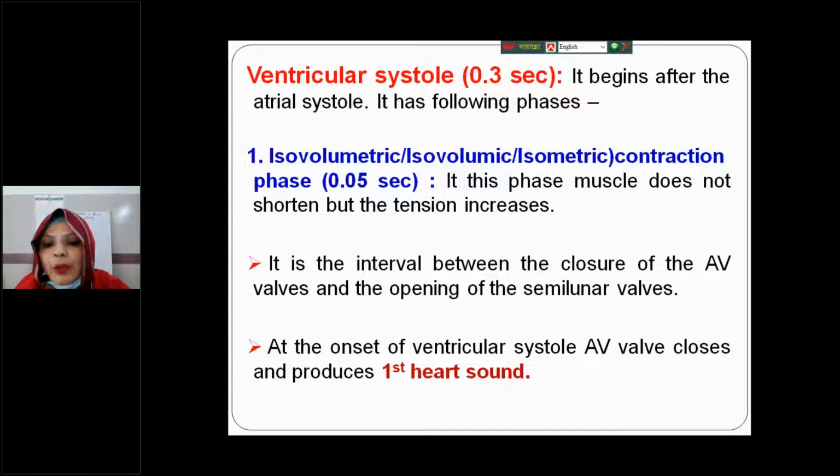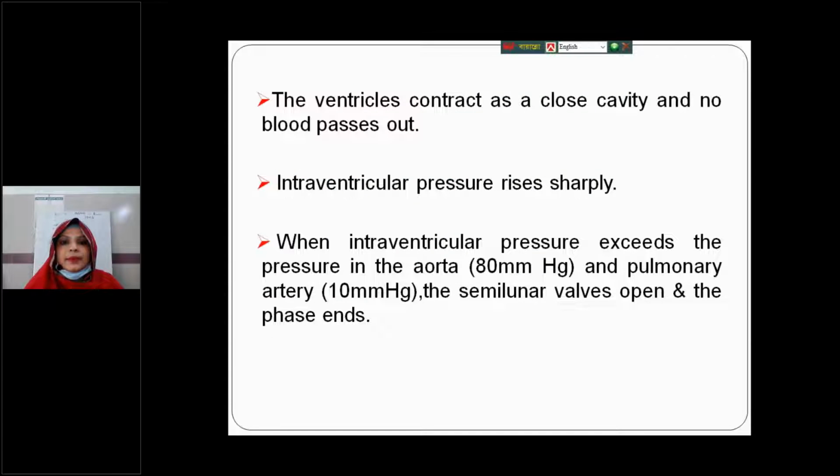At the onset of ventricular systole, the AV valve closes and produces the first heart sound. The ventricle contracts. Whenever the AV valve closes, the semilunar valve is not open at that time.